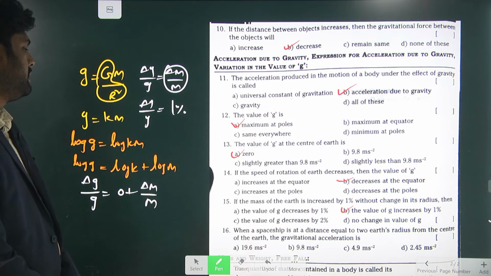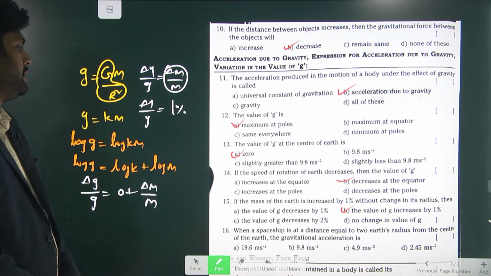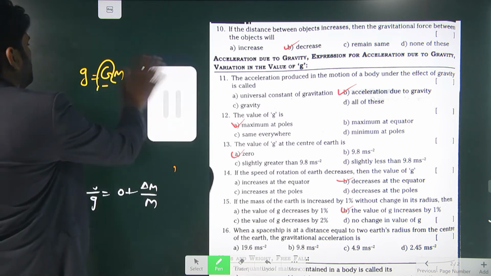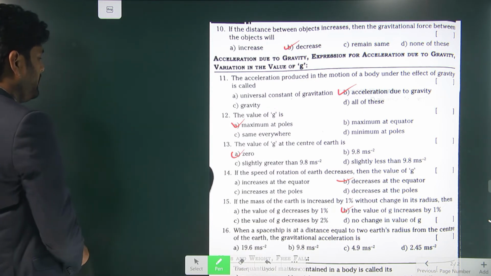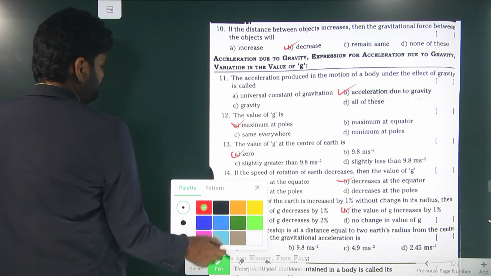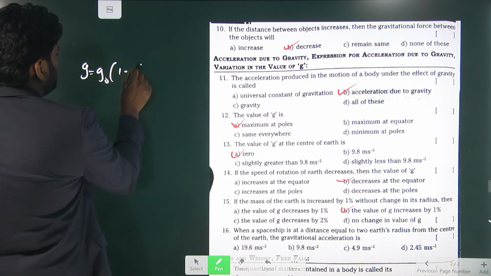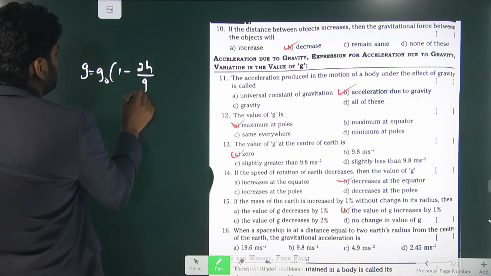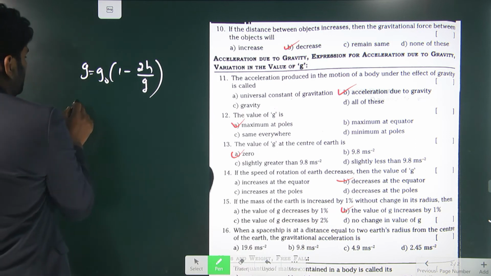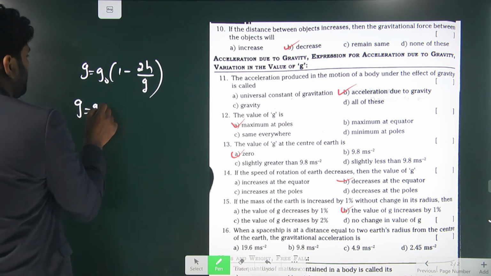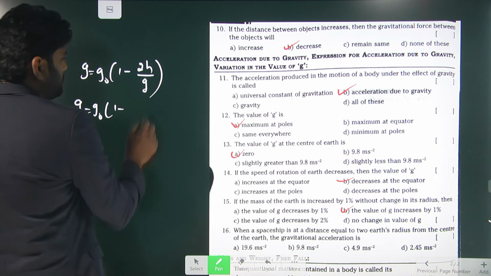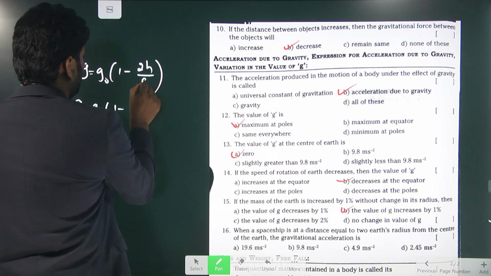See, what is the g value at height? g is equal to g naught times 1 minus 2h by r.